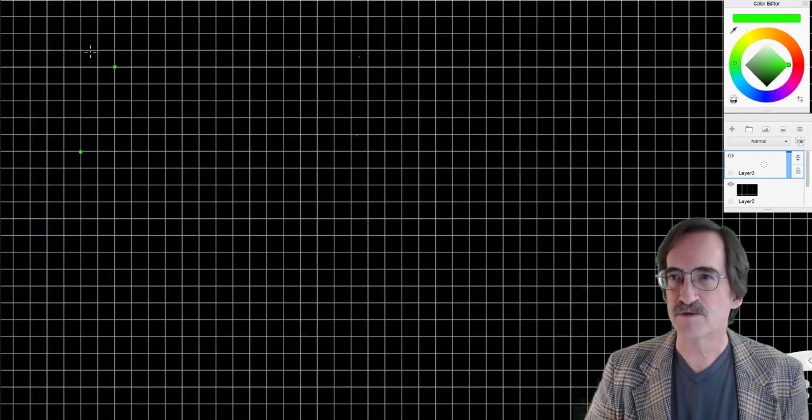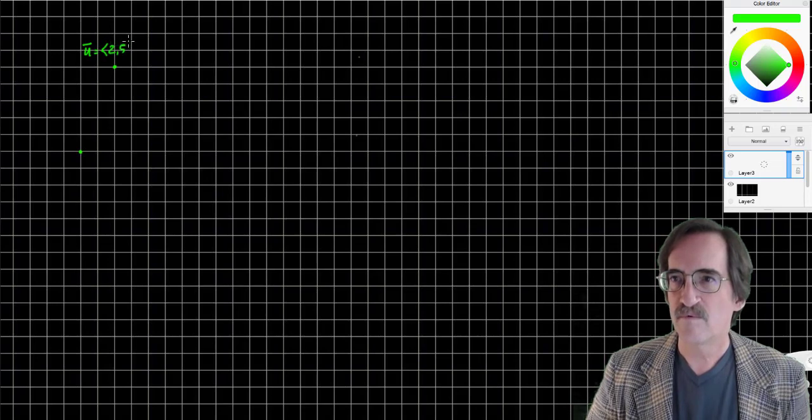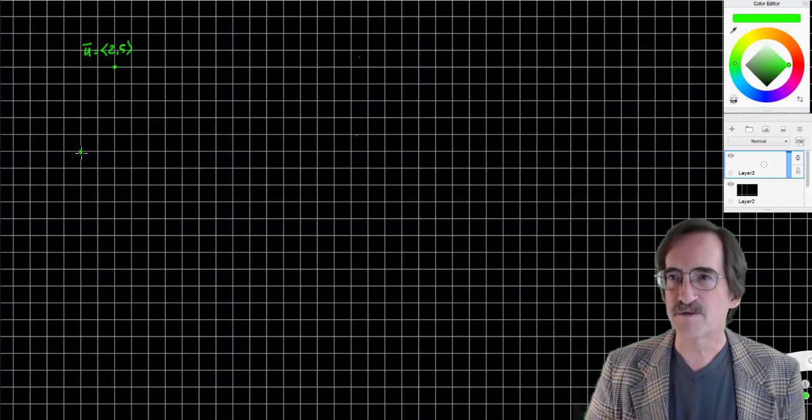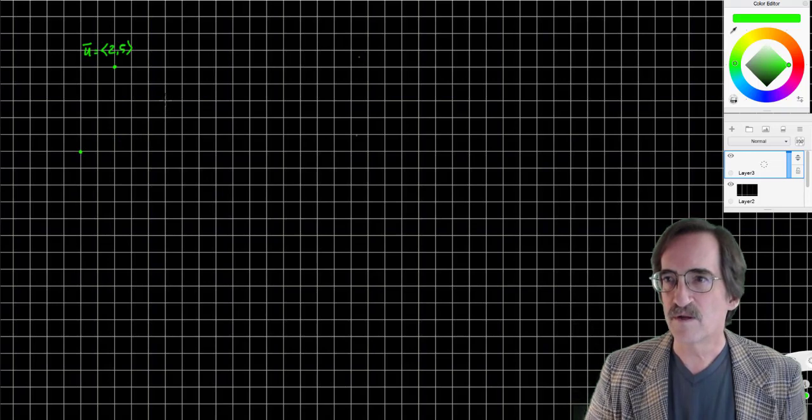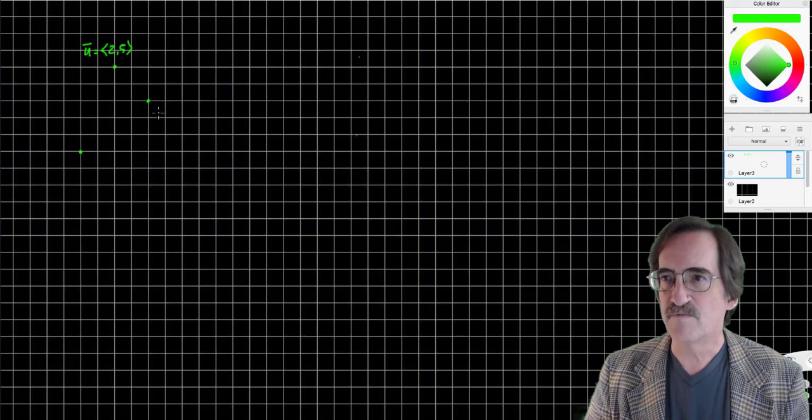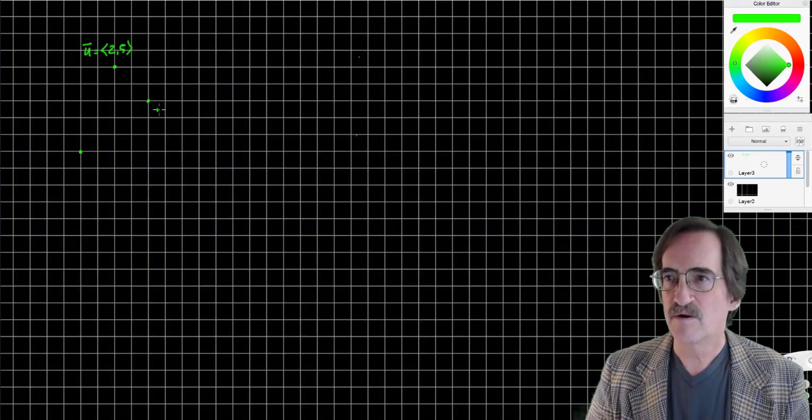Okay, so vector u equals 2, 5. And vector v is 4, 3.